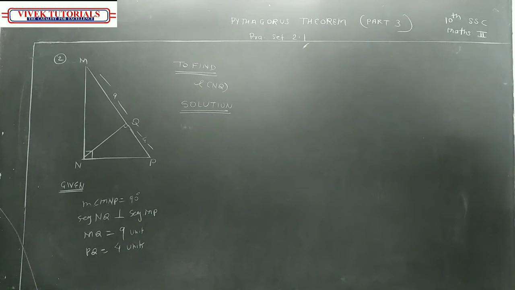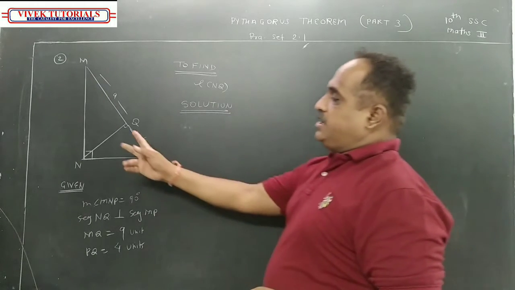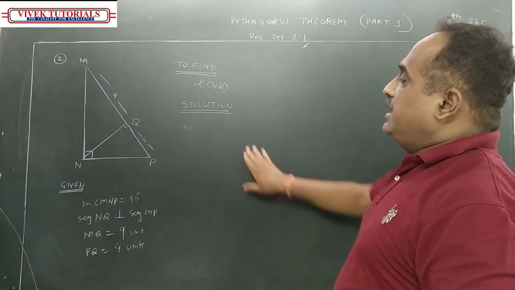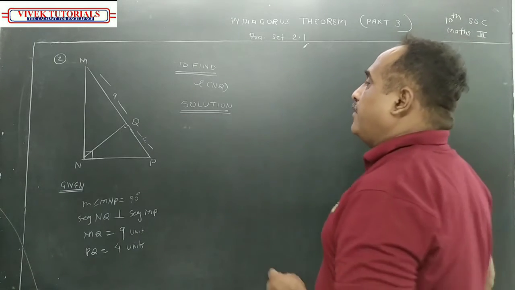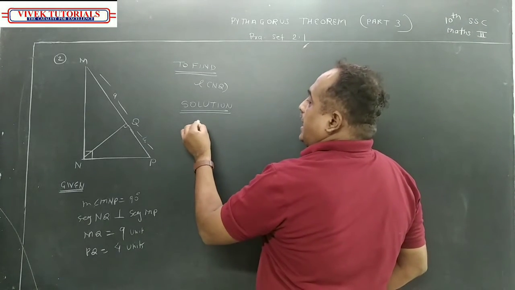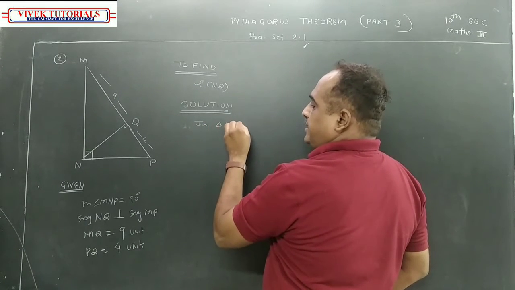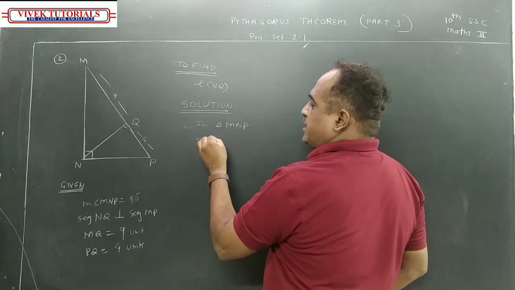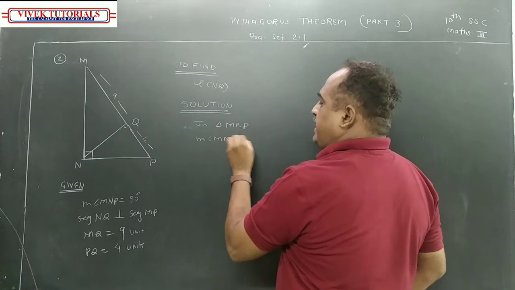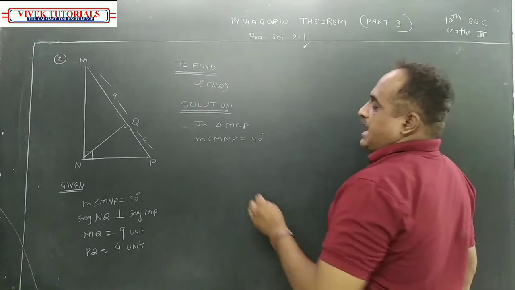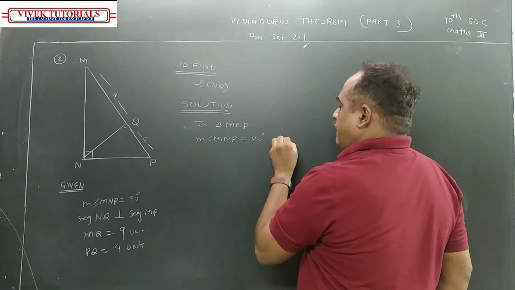Now just see, they have asked you NQ, means you can make use of what? Theorem of geometric mean. Okay, in triangle MNP, measure of angle MNP is equal to 90 degree and this is given.